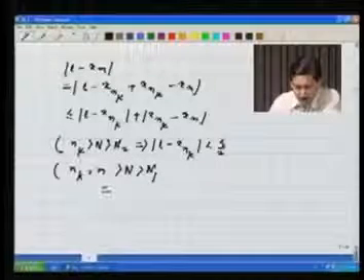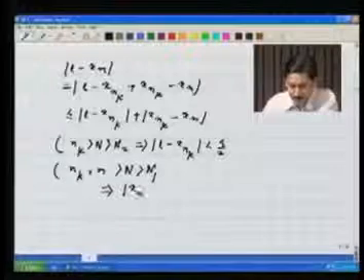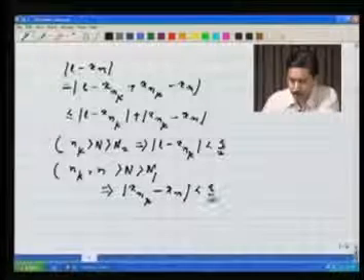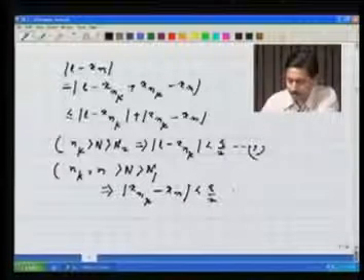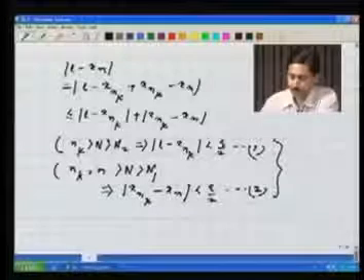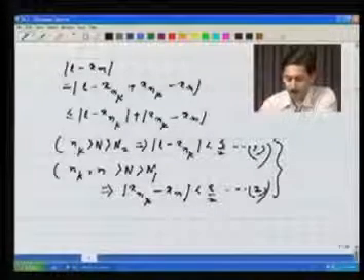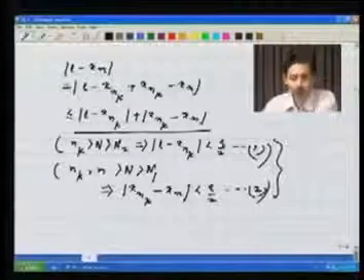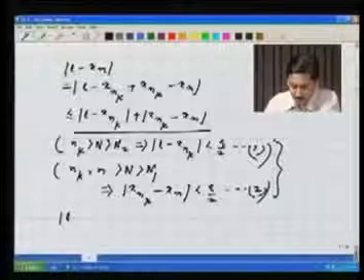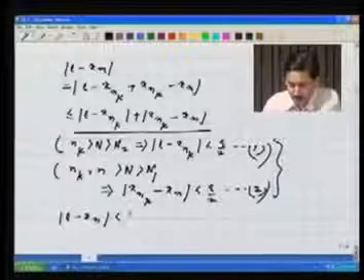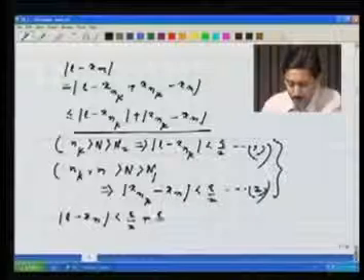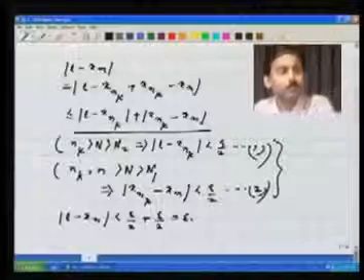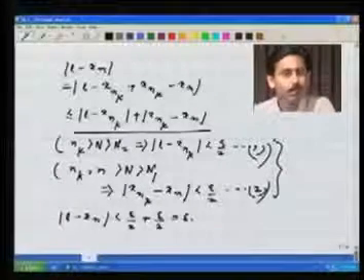This implies, by definition of Cauchiness, modulus of xnk minus xn is less than epsilon by 2. I call this 1, I call this 2. If I apply 1 and 2 in the previous inequality, what do I get? I get that modulus of L minus xn is less than epsilon by 2 plus epsilon by 2, that is equal to epsilon. That means the sequence now converges.